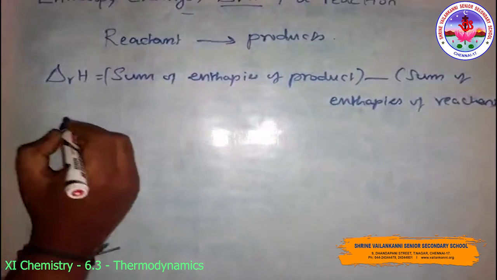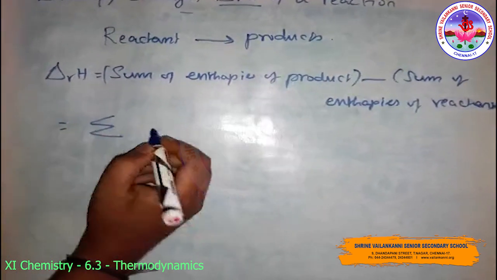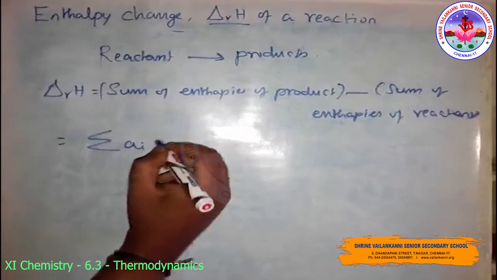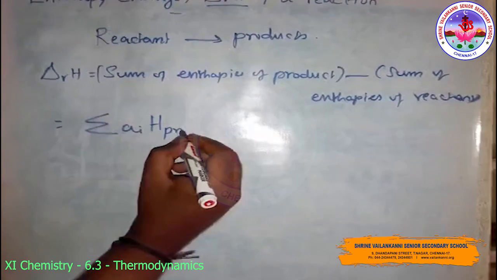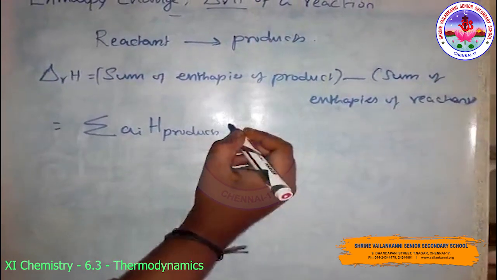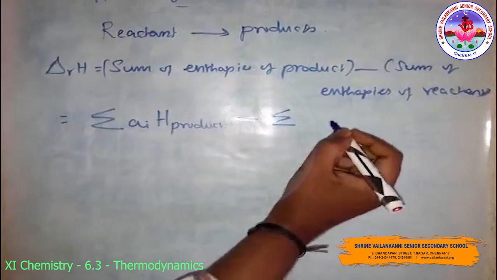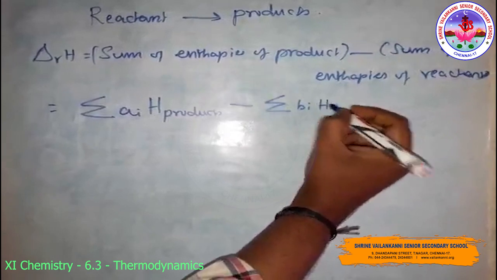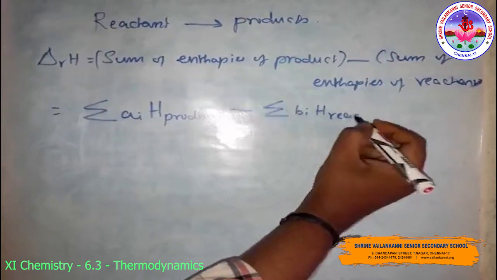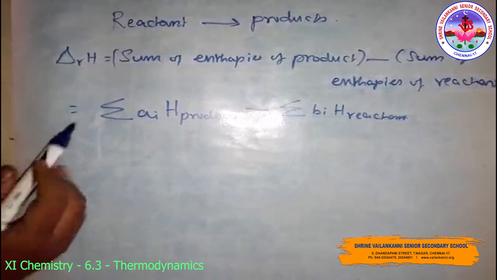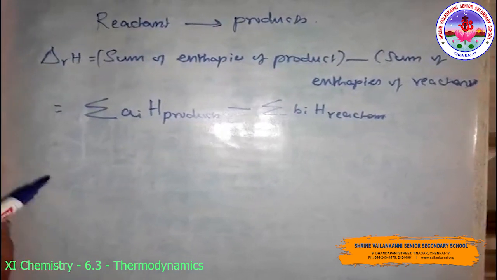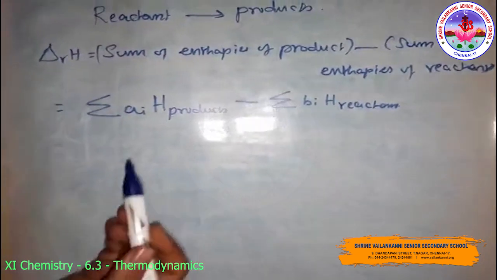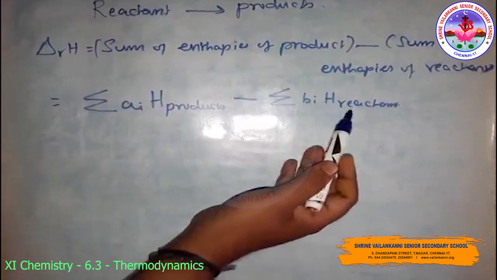We can write this as the summation over i of a_i H of products minus the summation over i of b_i H of reactants. Here the symbol sigma is used for summation, and a_i and b_i are the stoichiometric coefficients of the products and the reactants.